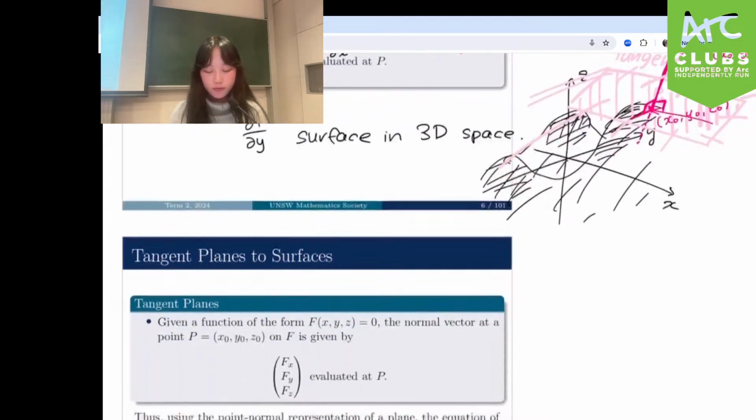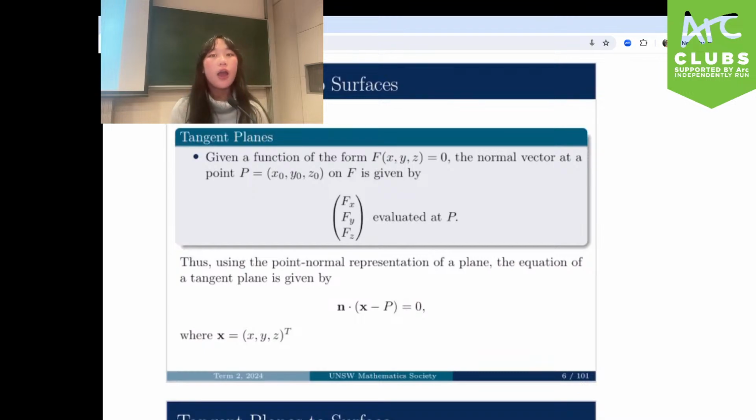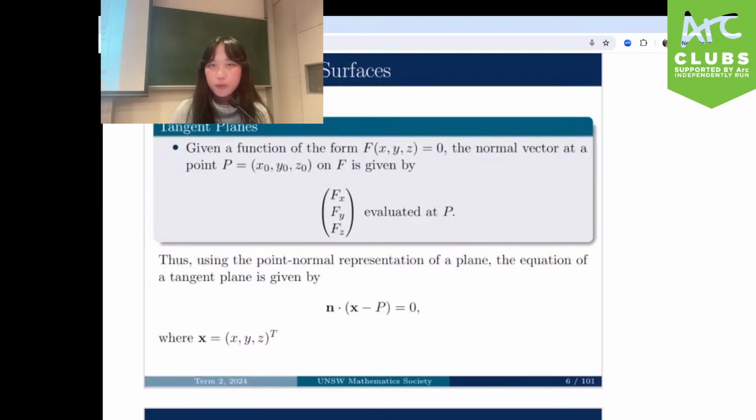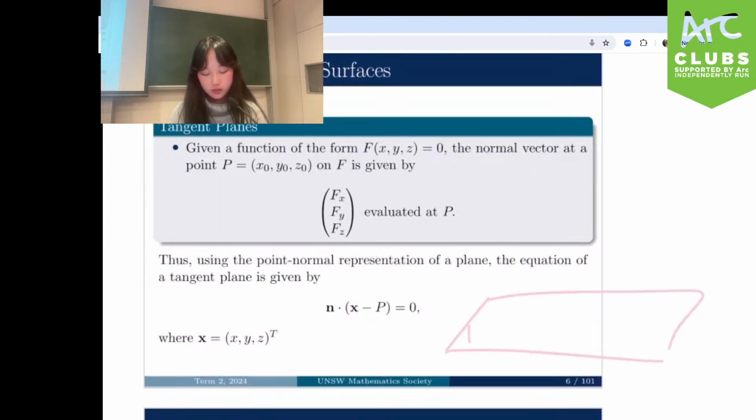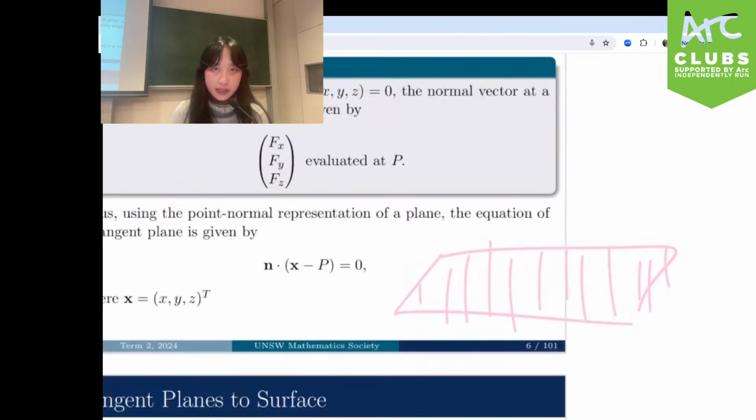So we've talked about the normal vector. We can talk about, by extension, the tangent plane itself to the surface. And why we can do that is because for any plane, you might recall from 1131 or 1141, a plane is just a flat surface in 3D space, which looks like this and extends out into infinity. We can define this plane by two things: a point on the plane and a vector that is perpendicular to the plane.